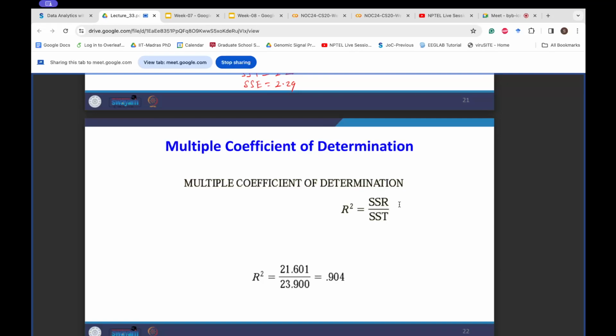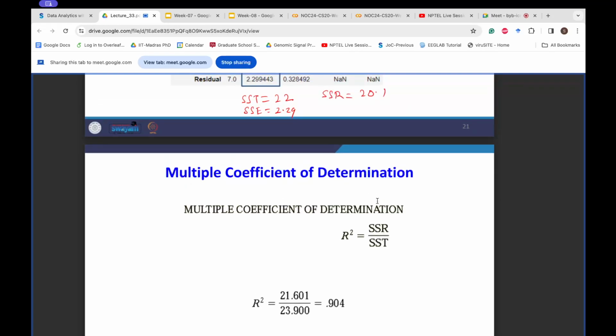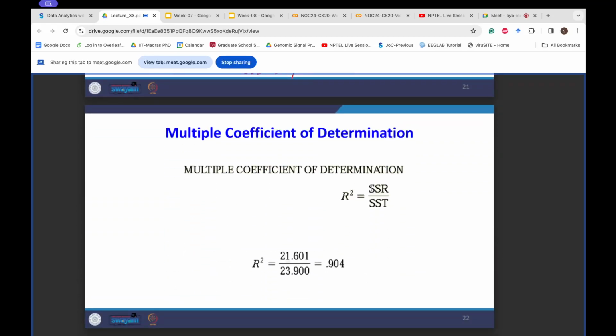SSR was the sum of squares due to regression, that is the amount of variance that was explained when we were taking this independent variable into consideration, and the total sum of squares without the independent variable. Okay, so the amount of variability that is shown by the addition of this independent variable is captured by this r square.